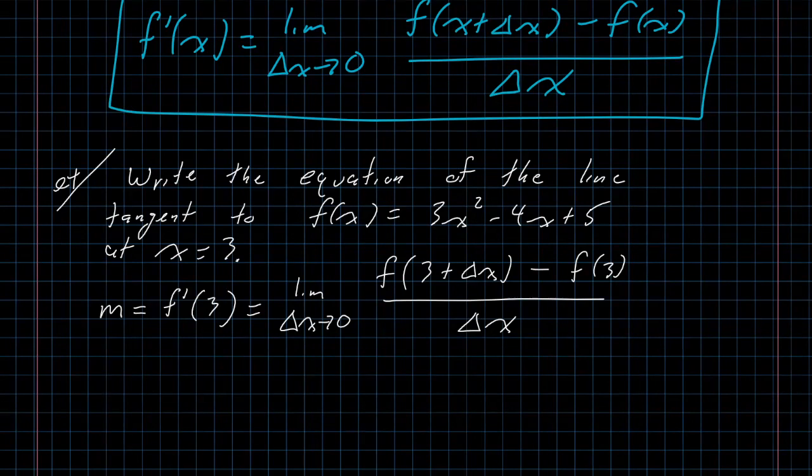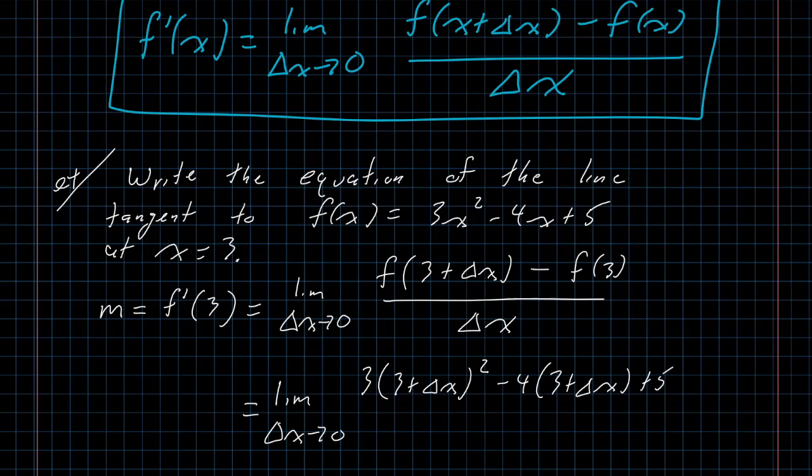Plug in x equals 3 plus delta x, and that gets a little bit messier, but we can manage it. So we'll have 3 times (3 plus delta x) squared minus 4 times (3 plus delta x) plus 5, minus 20, all over delta x.